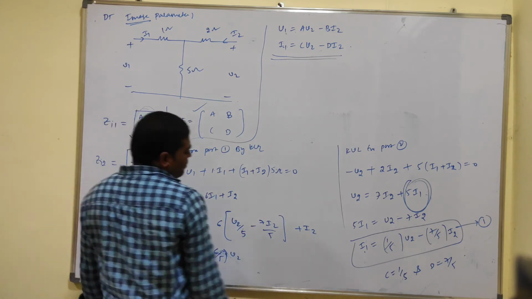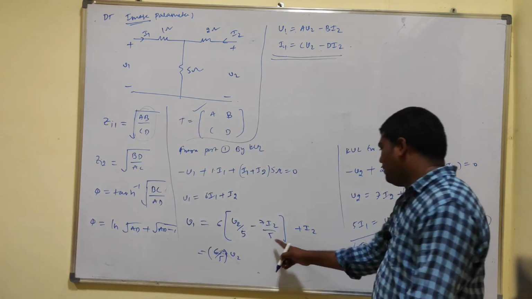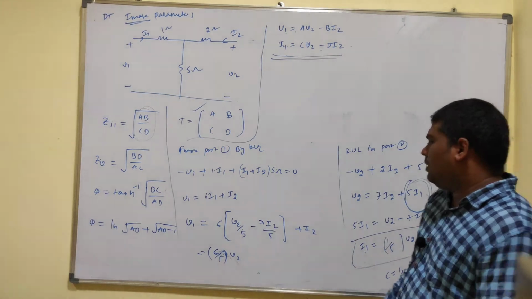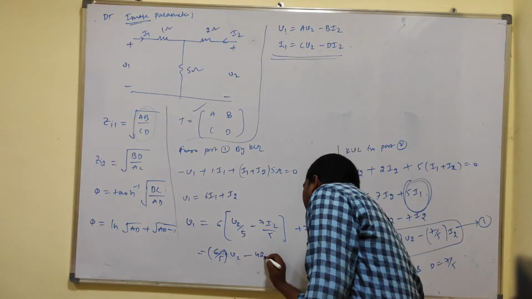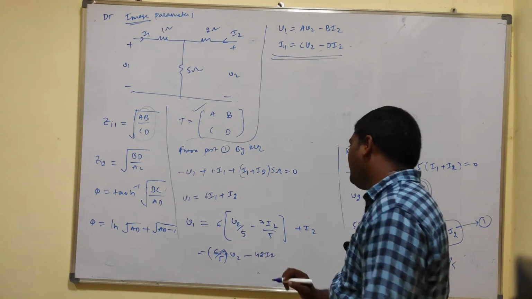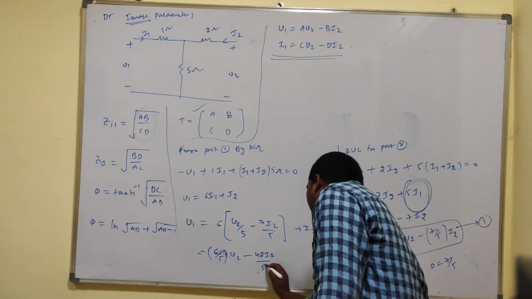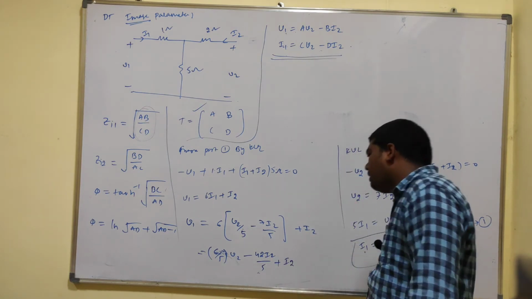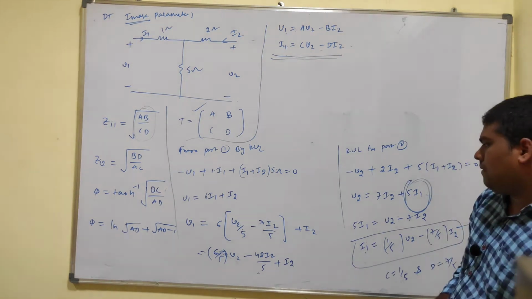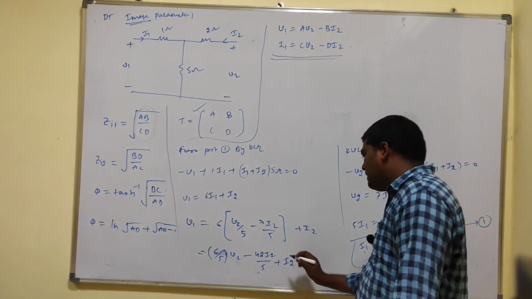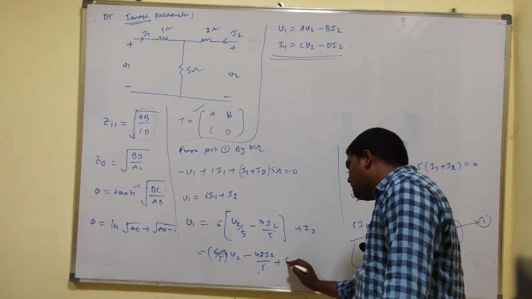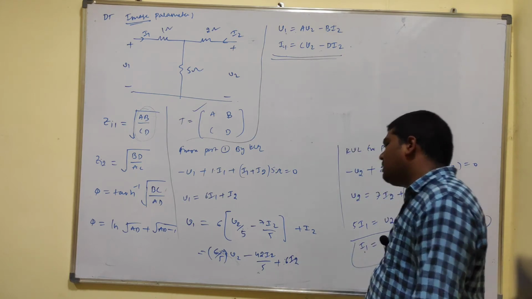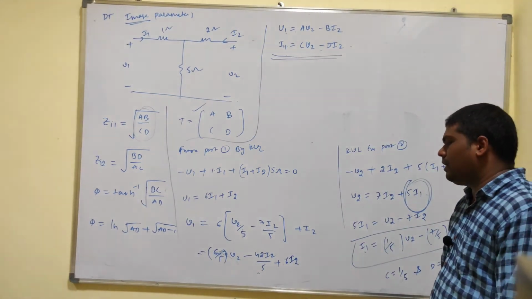These two are in I2 format: minus 42 I2 by 5 plus I2, that is 6I2. 5 sixes are 30, 42 minus 30.